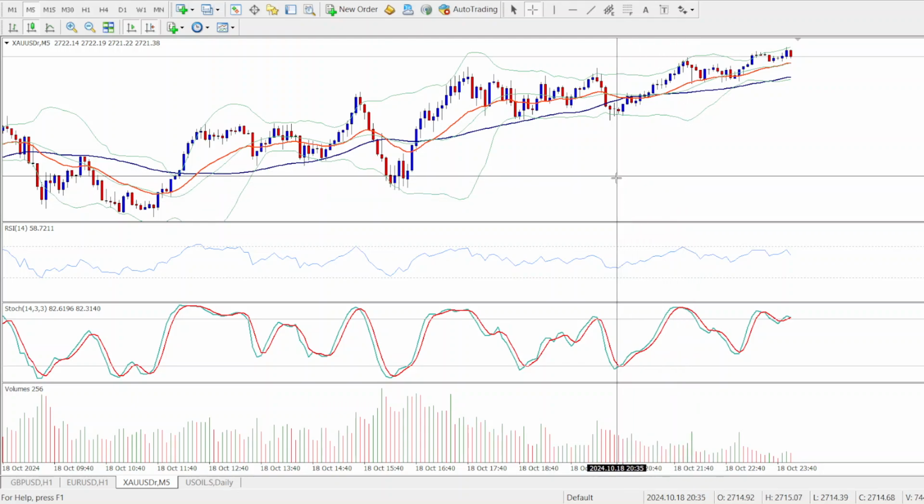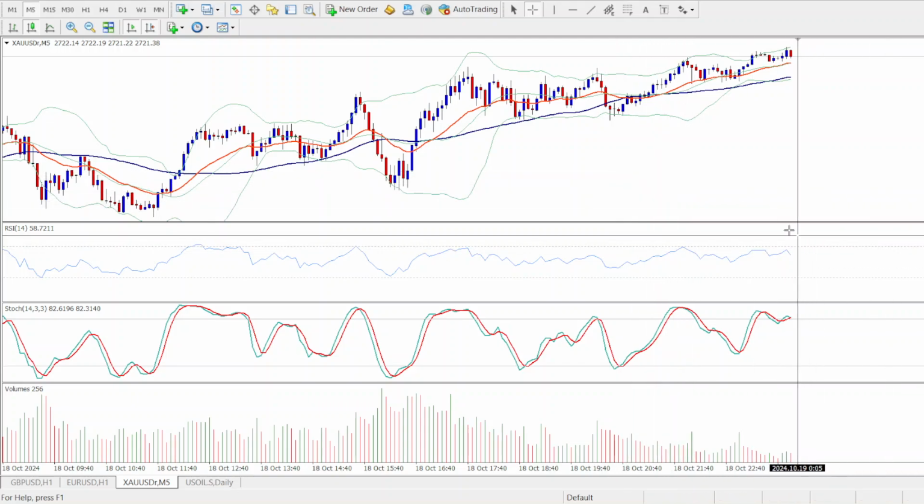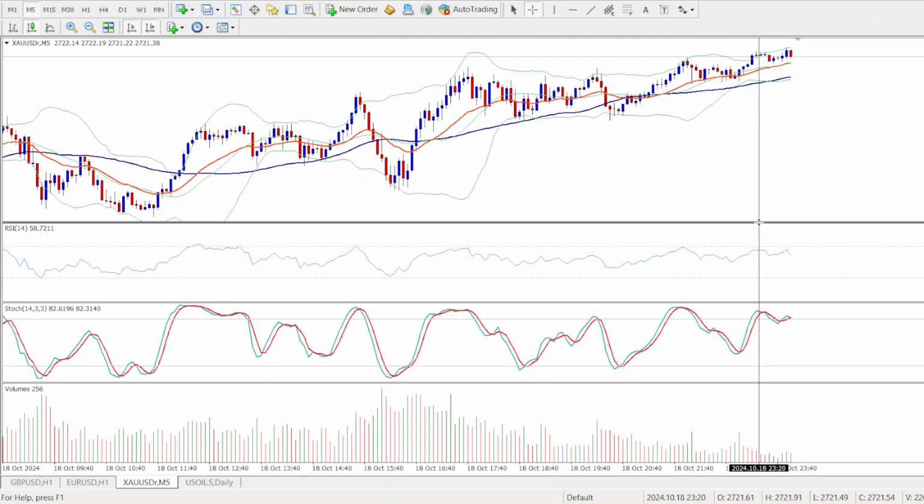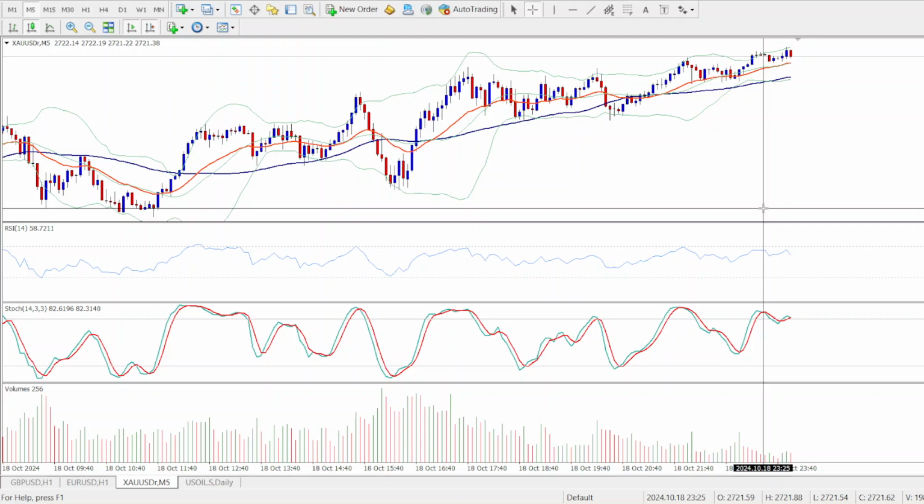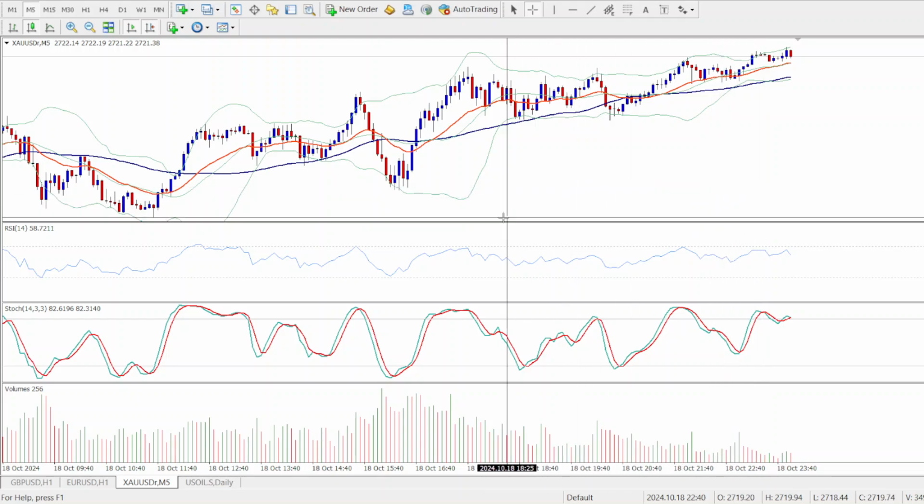Okay, now in terms of correlations, be aware of correlations between pairs. So you might want to avoid trading highly correlated pairs simultaneously, as this can increase risk exposure.